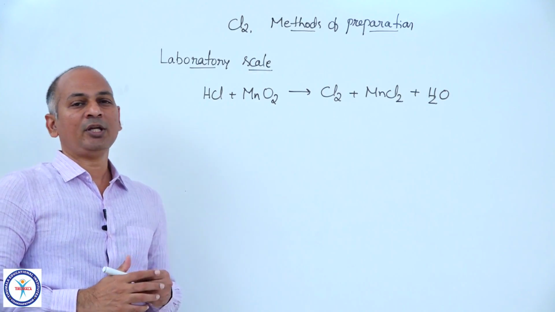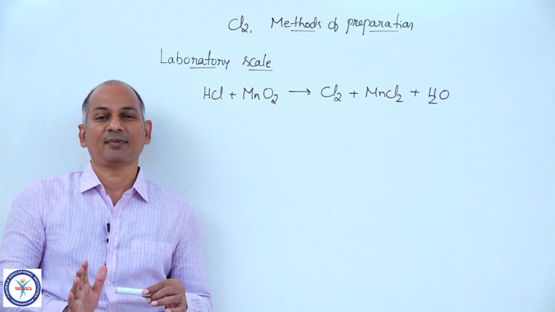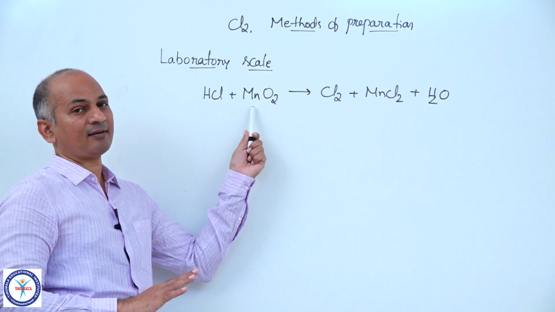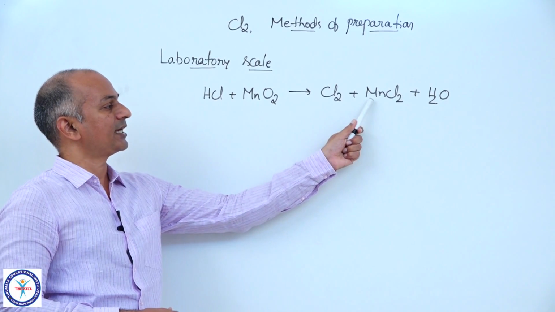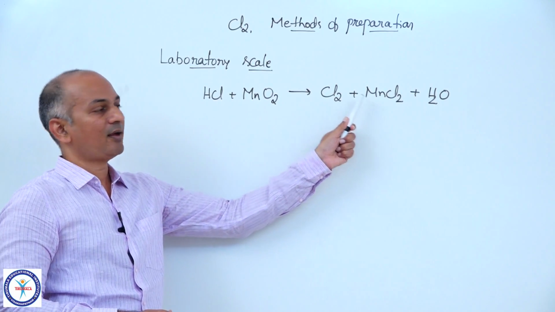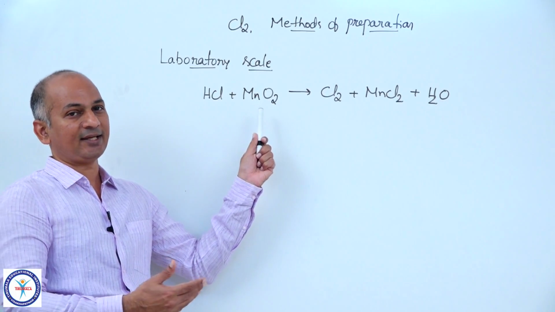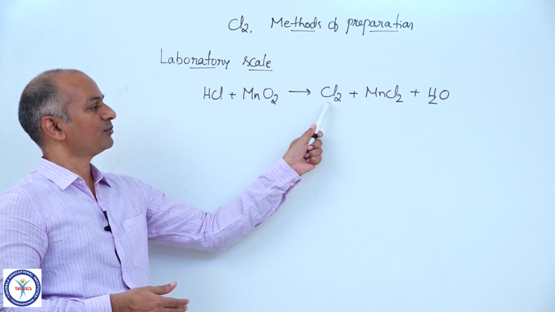In your previous classes you studied that in acidic medium, whatever the oxidation state of manganese, +7 or +4, it is converted into Mn2+. So MnO2 is an oxidizing agent because manganese is getting reduced, and it oxidizes Cl- to Cl2.